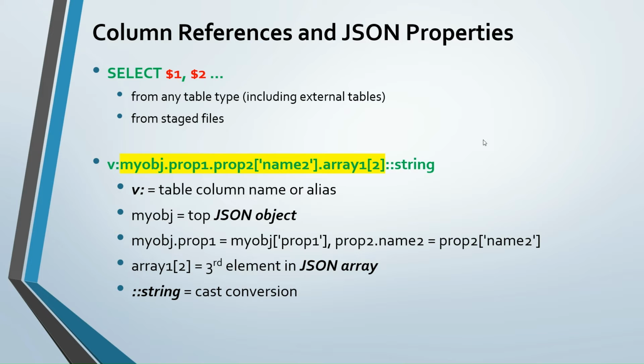So you loaded a JSON object with this specific structure, but V followed by a colon references a column name or the alias in this case. My object, OBJ, is your top JSON object. It's your top property, let's say, in your dictionary, because a JSON object is a dictionary of key value pairs.